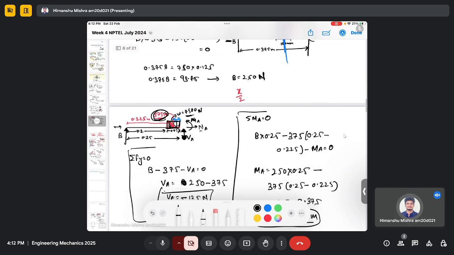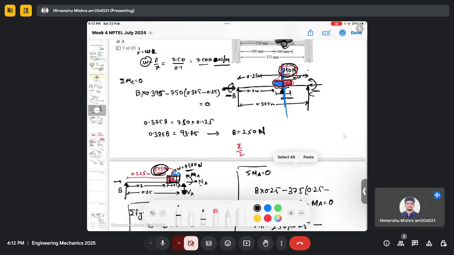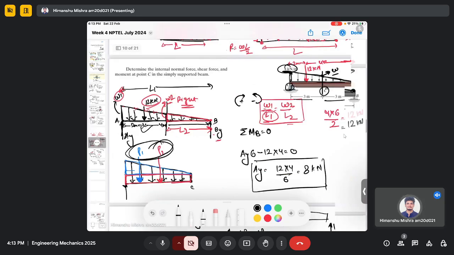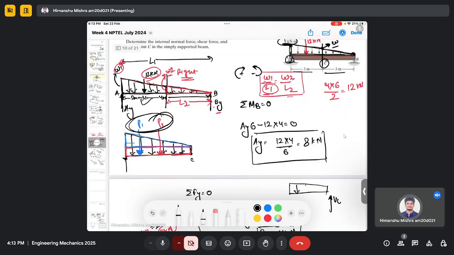So even if you consider the left hand side portion, you will still have to deal with the same uniformly distributed load. That is quite easy. But here both the left and right hand sides have a different number of equivalent point loads, because in the case of this trapezoidal varying load, you can differentiate it into a triangle and a square, and each will have its own equivalent load.